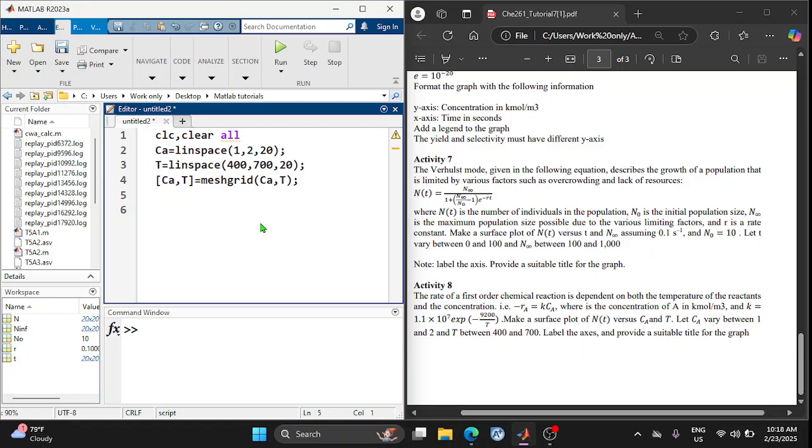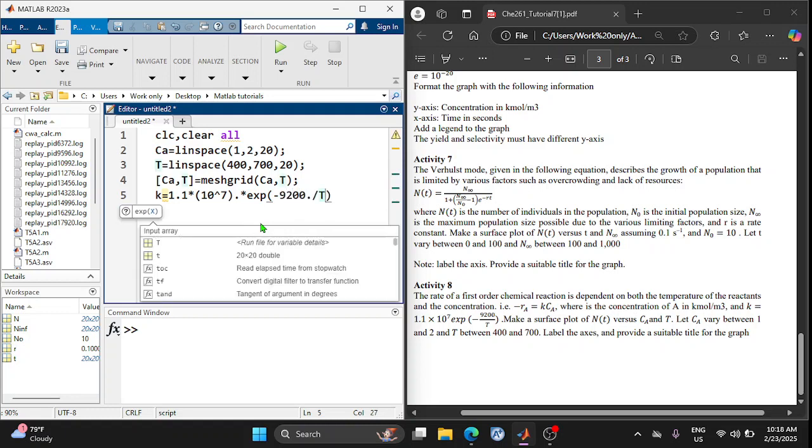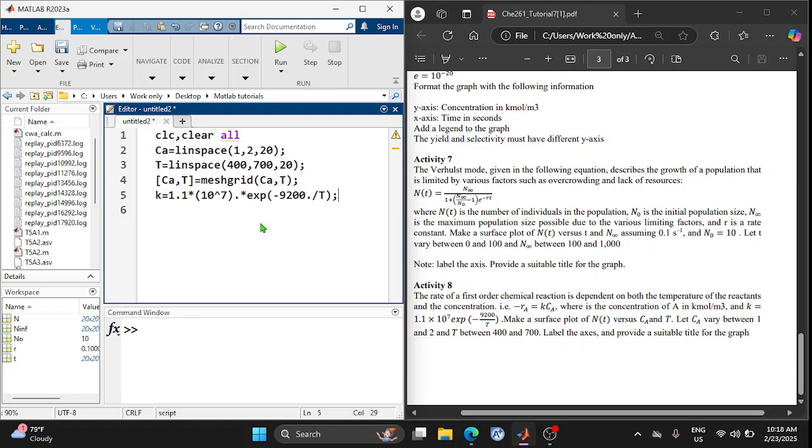Now for the reaction, we have the expression K is equal to 1.1 times 10 to the power 7. So I can write it out as 1.1 times 10 to the power 7, then all of this times exponential minus 9200 divided by T. So I have my K expression.